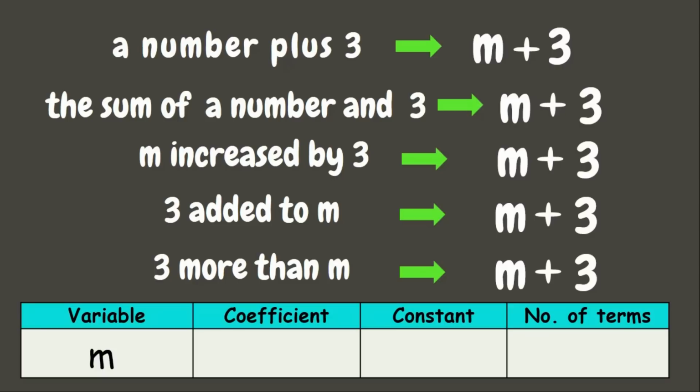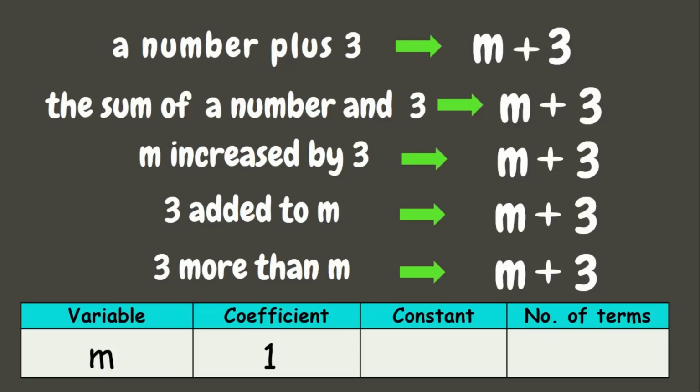As we can see, there is no number before a variable here. But it doesn't mean that we do not have a coefficient. Remember that a coefficient is a factor or a number multiplied to a variable. All variables that do not have a number beforehand have a coefficient of 1 because it means 1 times m, which equals m. So the coefficient here is 1.